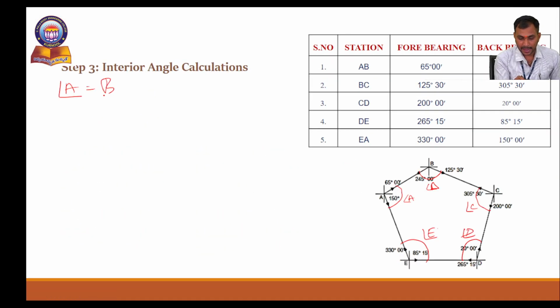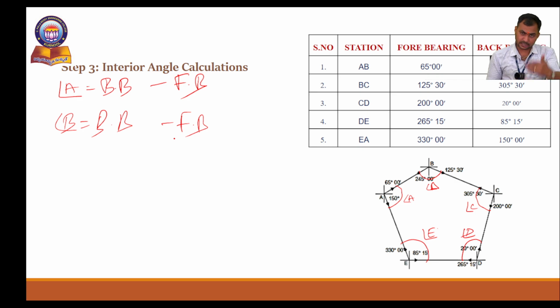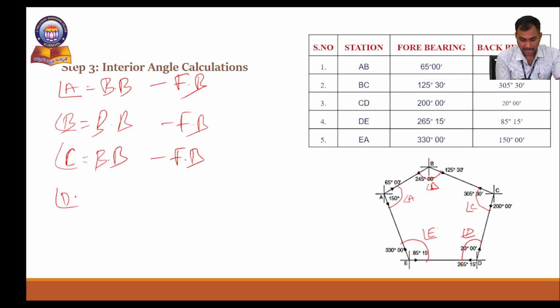Next, interior angle B is back bearing minus forebearing. For all the interior angles, the same formula. Interior angle C is back bearing minus forebearing. Interior angle D, back bearing minus forebearing. Interior angle for E, back bearing minus forebearing.